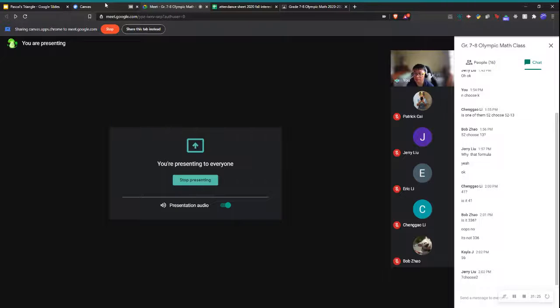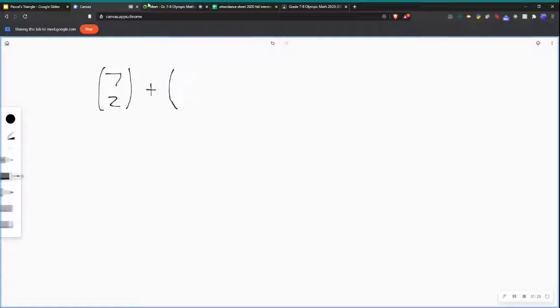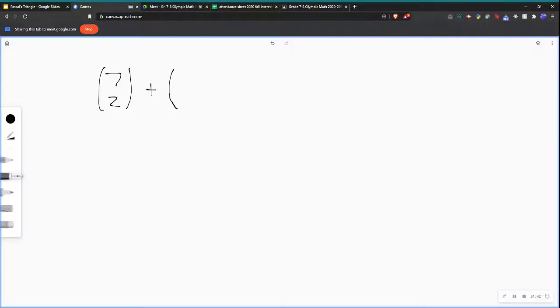Now we're choosing 3 people out of the same 7 people. Just assume that we put the 2 people back, then we're choosing 3 people. 7 choose 3, yeah, n is 7. So we have 7 choose 2 plus 7 choose 3.